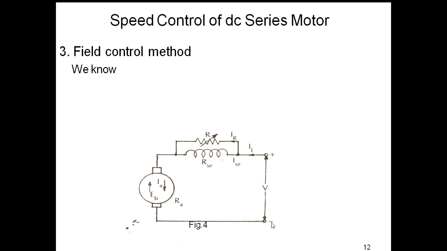In this field control method, we know that the speed N is inversely proportional to EB by phi, where N is the speed, EB is the back EMF, and phi is the flux.